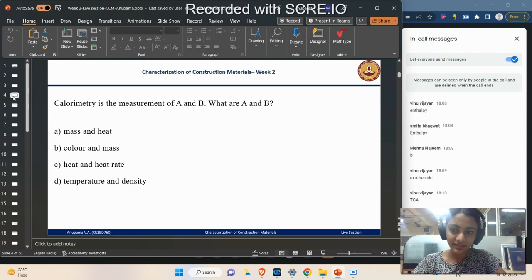Okay, Smita goes with D, temperature and density. Let me wait for a few more seconds so that others can also respond. Does everyone agree with Smita here, or is there any change of opinion?